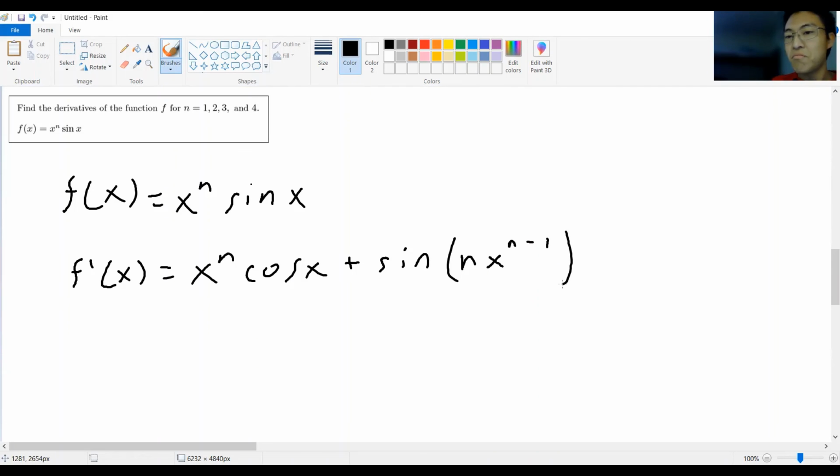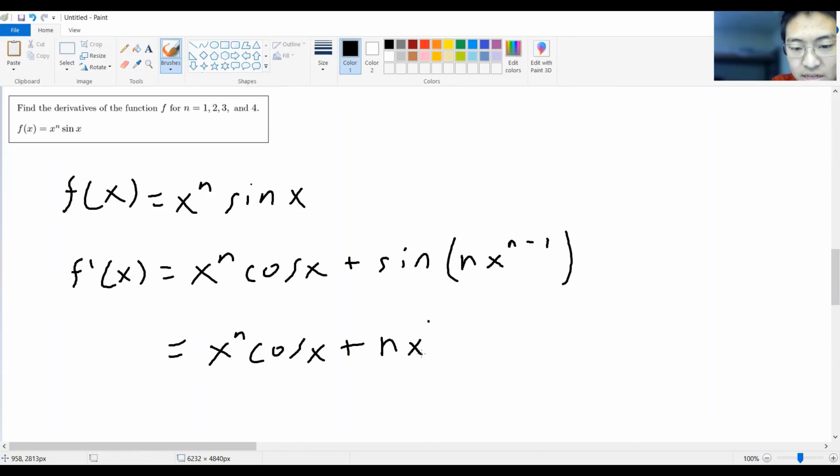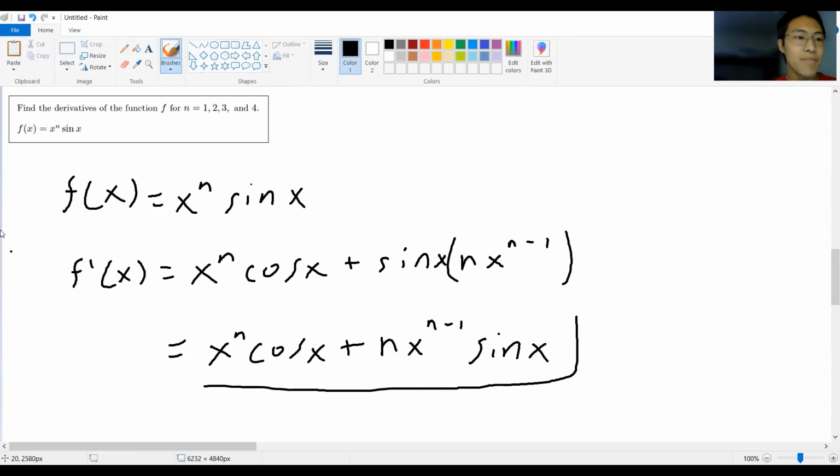So really, we just did this in terms of n being arbitrary. So x to the n cosine x plus n x to the n minus 1 sine x. We got an x still, right? Sine x.